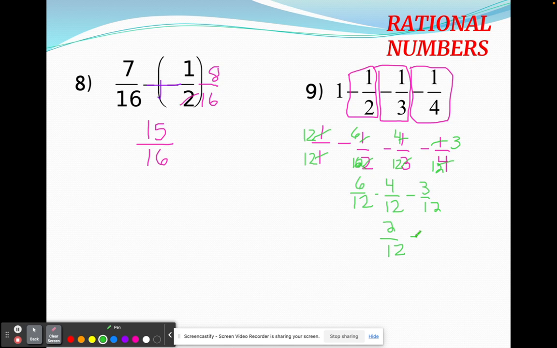Minus 3/12. I'm going to compare this negative 3 to this positive 2. Negative wins. I have a negative 1/12. Could you do it quicker? I'm sure you could, but take as many steps as you need.